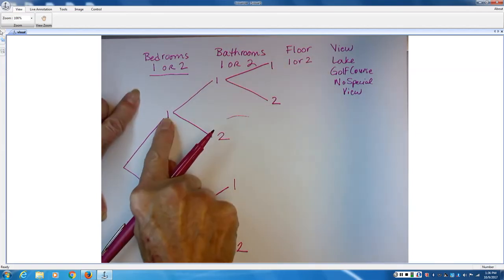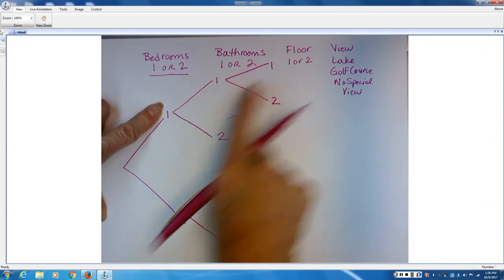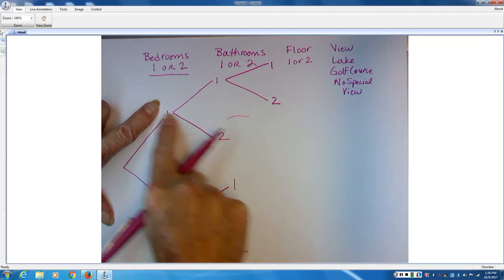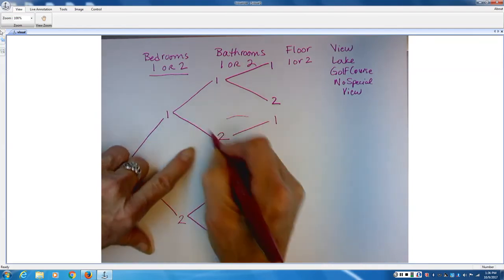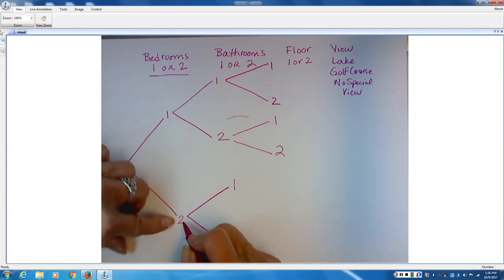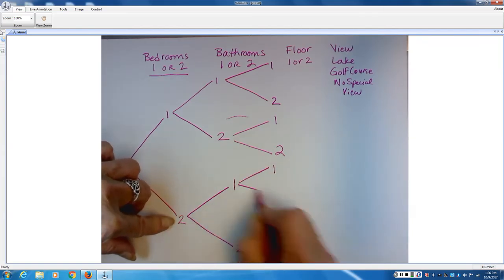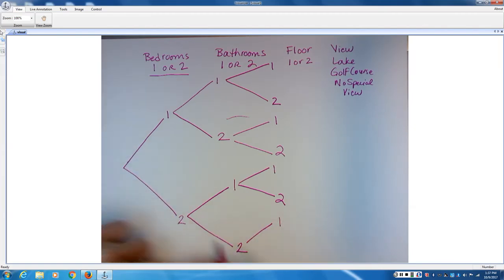So this is a 1 bedroom, 1 bathroom, first floor apartment. 1 bedroom, 1 bathroom, second floor apartment. 1 bedroom, 2 bathrooms, first floor. 1 bedroom, 2 bathrooms, second floor. 2 bedrooms, 1 bathroom, first floor. 2 bedrooms, 1 bathroom, second floor. 2 bedrooms, 2 bathrooms, first floor. 2 bedrooms, 2 bathrooms, second floor.